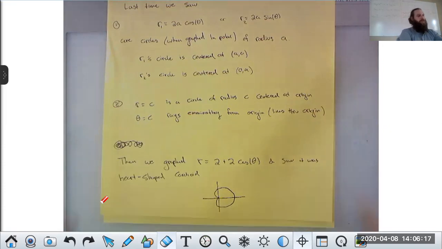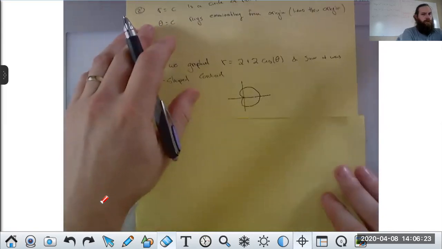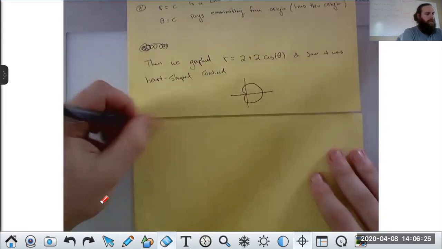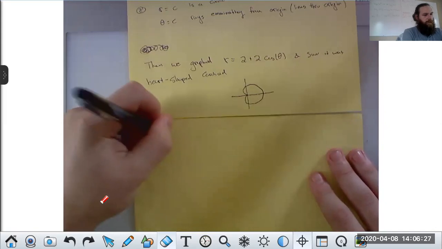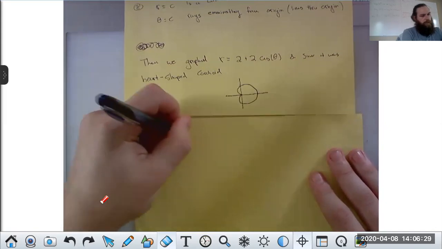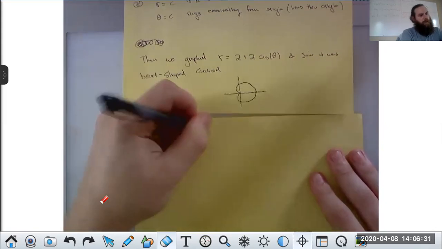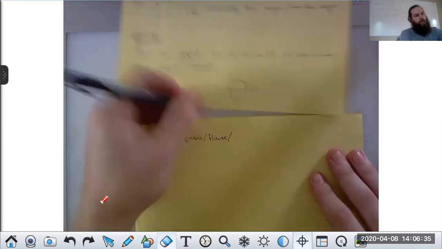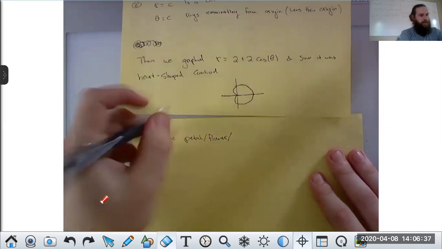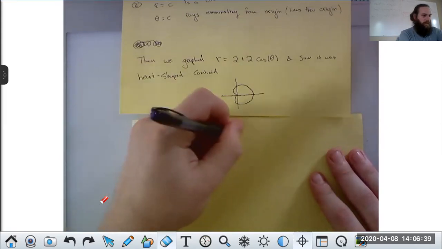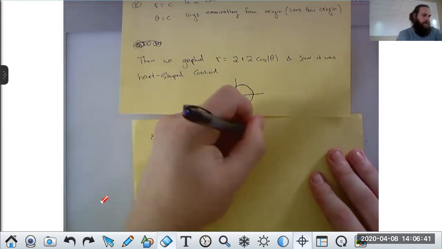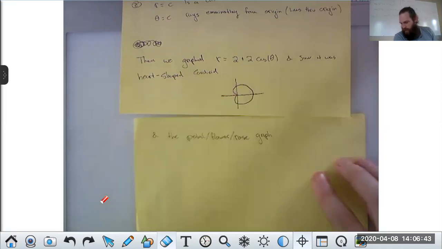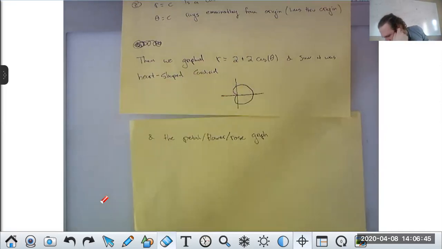And then we saw one other specific example. This one was a petal graph. Sometimes they're called petal graphs or flower graphs. Your book calls them rose graphs. I don't remember the exact example we did.